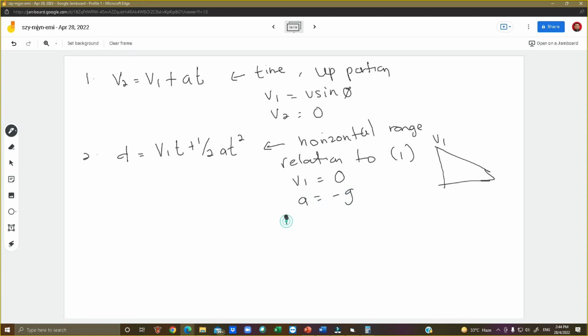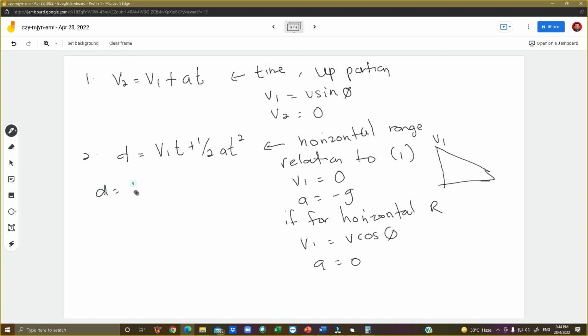Okay. If for horizontal case, horizontal range, okay, v1 equals to v cos theta, a equals to 0. Dia ada dua kegunaan. Tengok baik-baik equation ni.